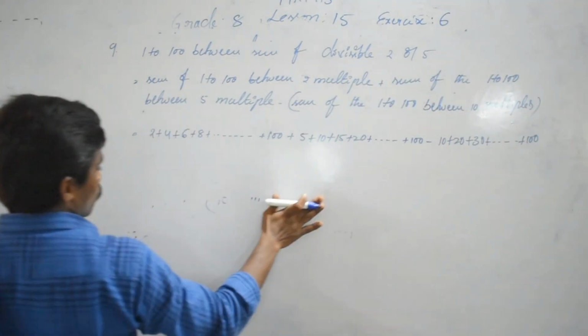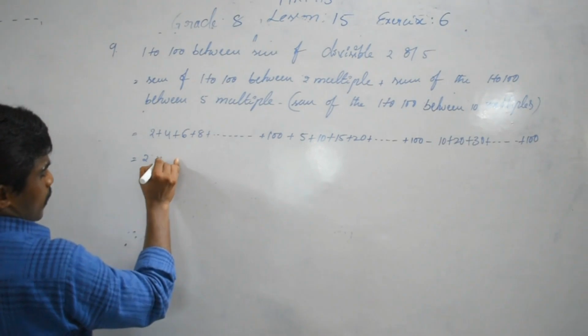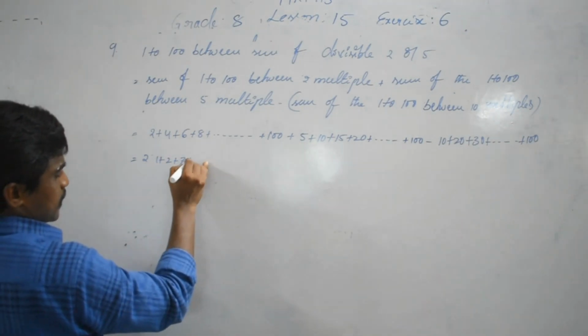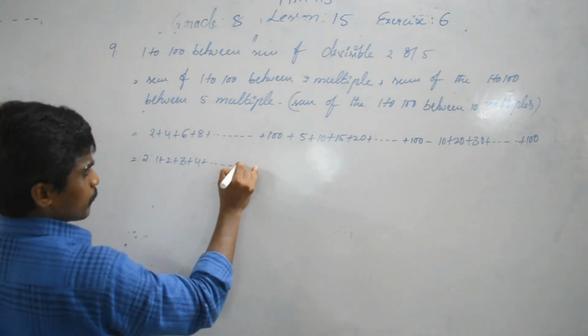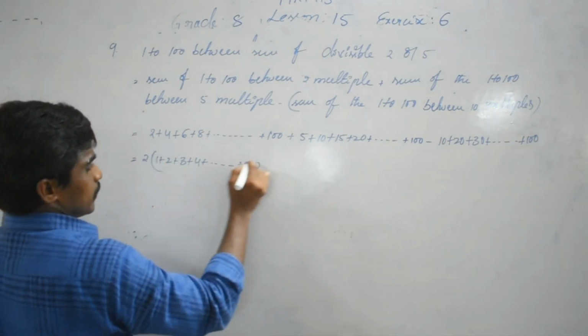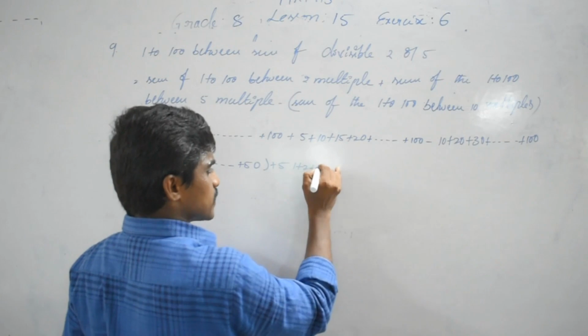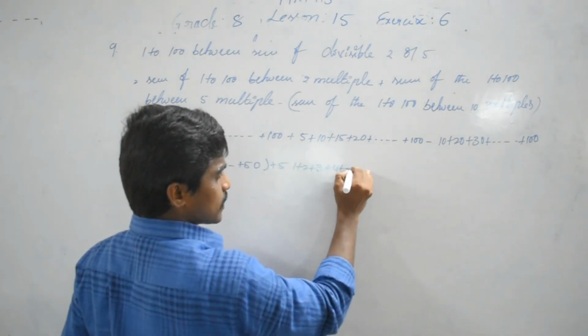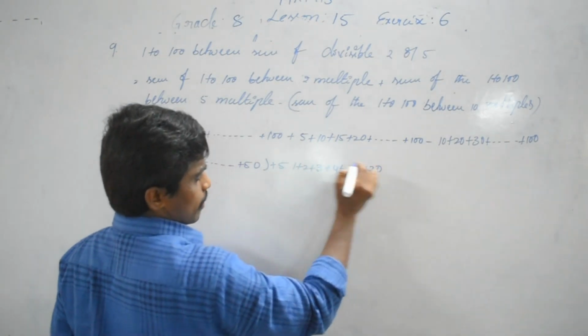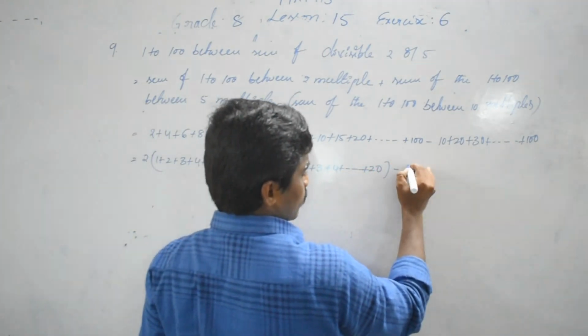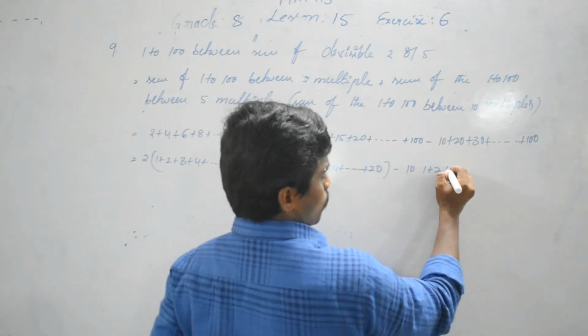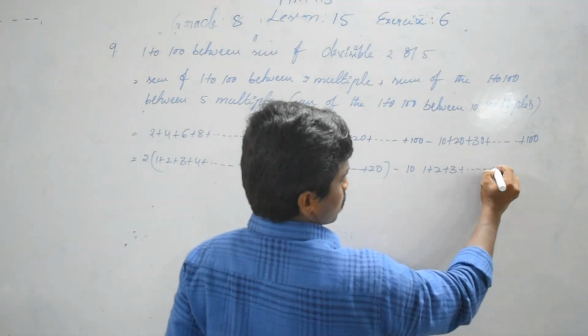So for 2 common, 1 plus 2 plus 3 plus 4 up to 50. For 5 common, 1 plus 2 plus 3 up to 20. For 10 common, 1 plus 2 plus 3 up to 10.